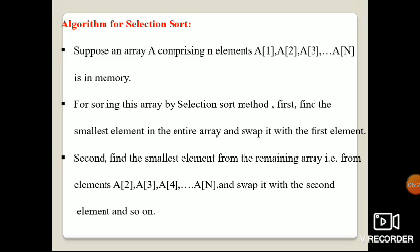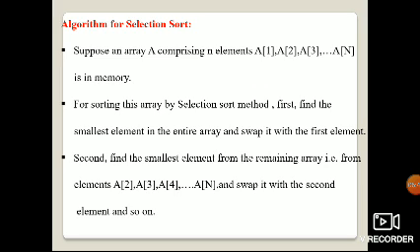For sorting this array by the selection sort method, first find the smallest element in the entire array and swap it with the first element. Yesterday we discussed the same thing. First we have to search for the smallest element, and then swap it with the first element.